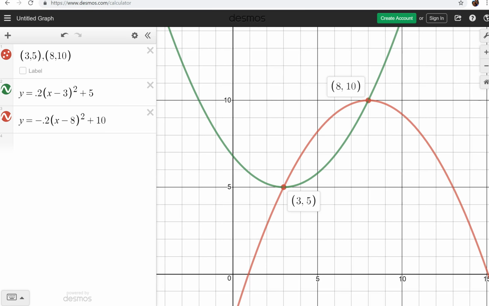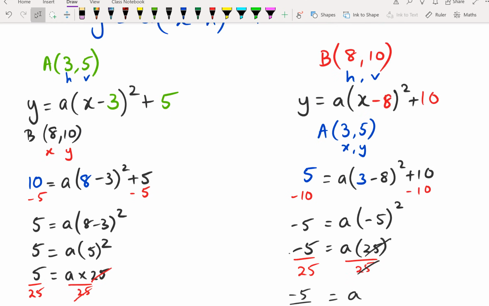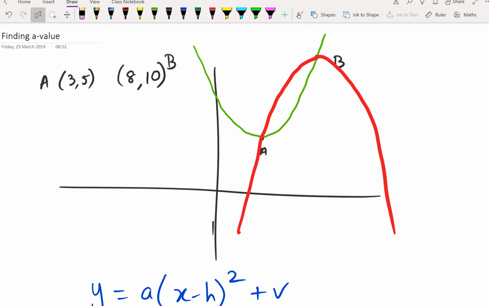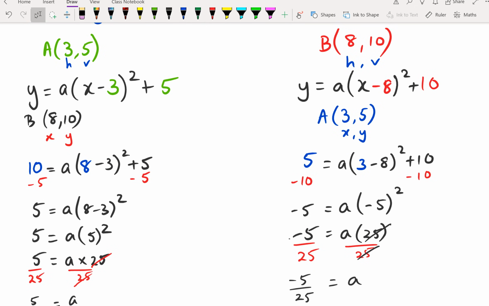As you can see, both of those graphs are going through those 2 points. So that is basically how you come up with the A value. We don't want you to guess and check using the sliders. We want you to show us how you can calculate the A value, and that's literally how you do it. I've got both those examples there for you to work out.